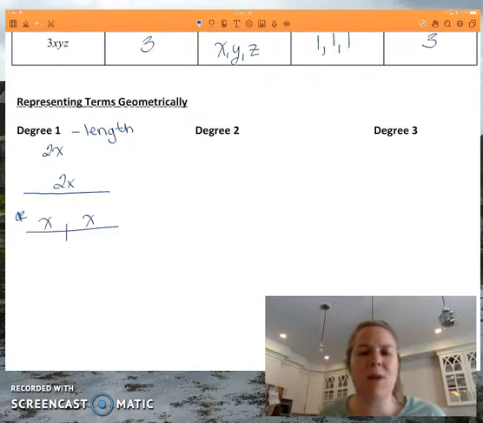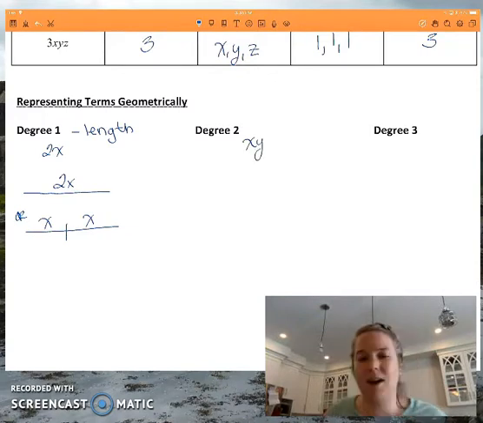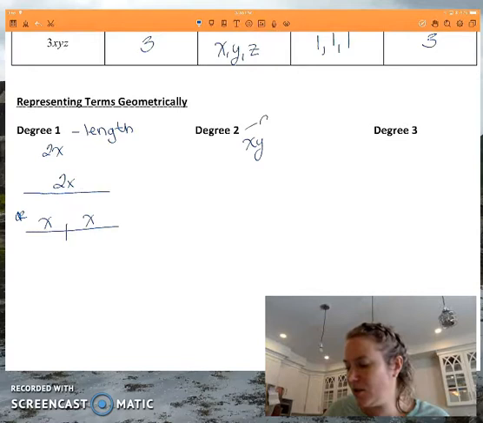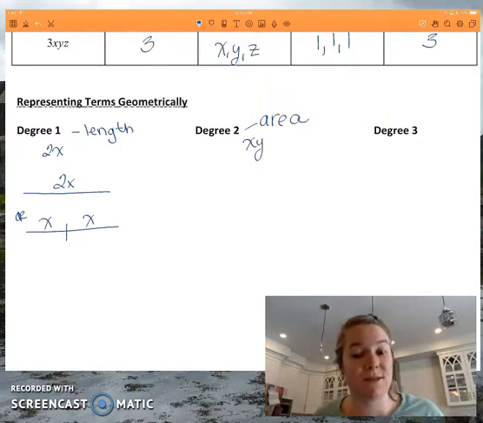So let's think about what happens when we go to a degree of 2. So degree of 2, so let's say we have x and y. Degree of 2 can be represented as an area, two dimensions, really.